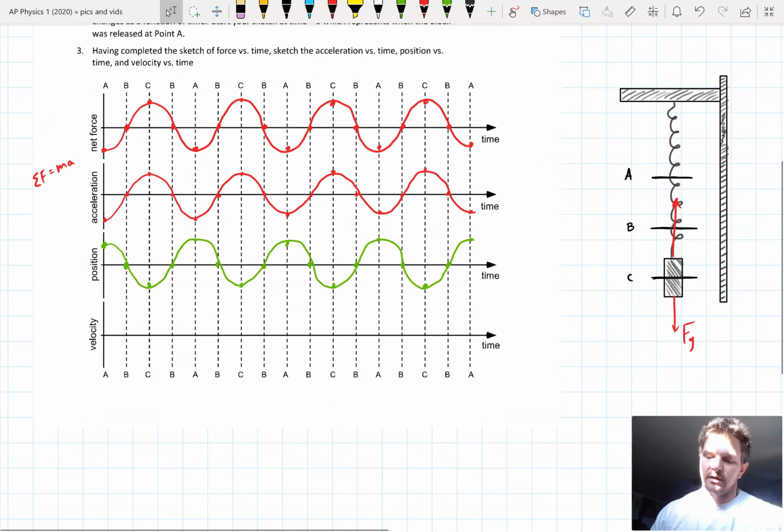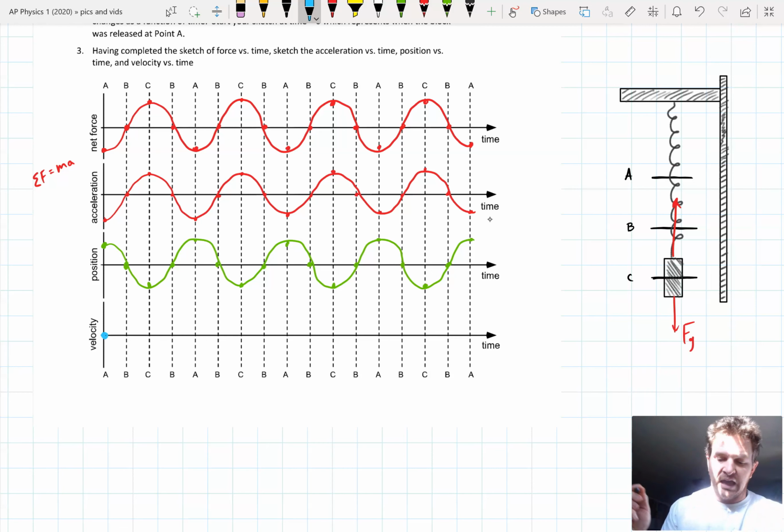So when it's at A, we have 0 velocity, because we said at A and C it's changing directions, right? So it has a 0 velocity at A and C. So at A, it's at 0 velocity. If we're going from A to B, the thing is going down, right?